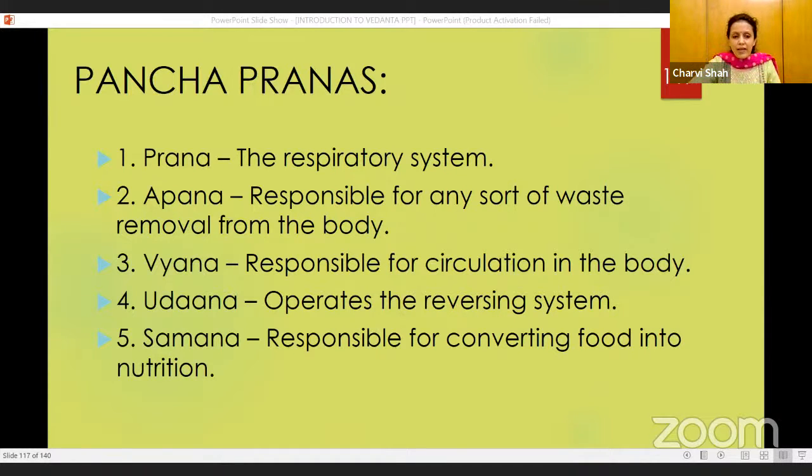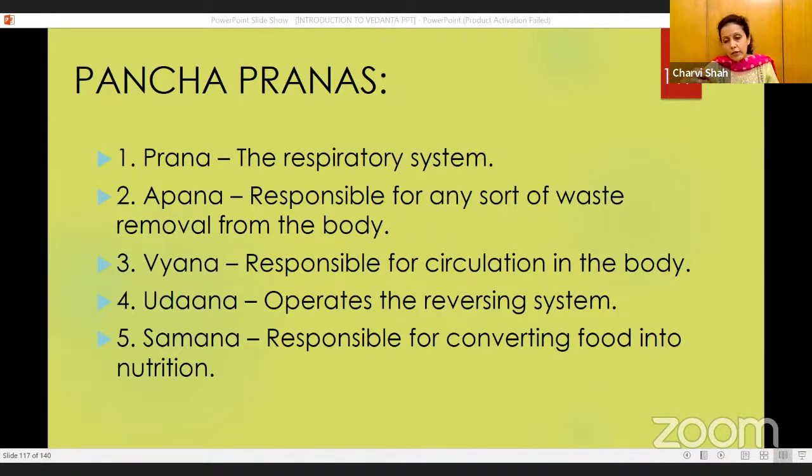It is responsible for converting food into nutrition. So these are the 5 primary vital forces: Pran, Apan, Vyan, Udan, and Saman. So Pran is responsible for breathing. Apan is responsible for excretion and evacuation. Then circulation happens through Vyan. Vyan is responsible for circulation and coordination.